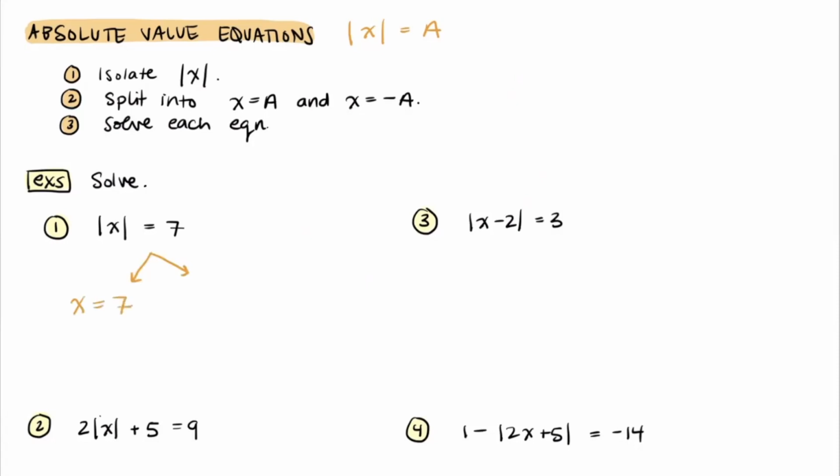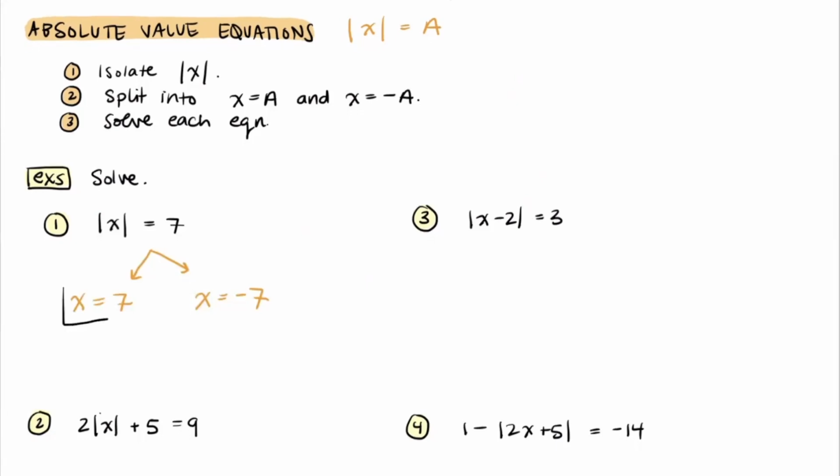One is with the inside of the absolute value equals the positive version of whatever's on the right side. And the other one is that the inside of the absolute value equals the negative version of what was on the right side, so negative 7. The last step here is to solve each equation, and they already are solved. It's just x equals. So these often have two solutions, so we'd say 7 and negative 7.